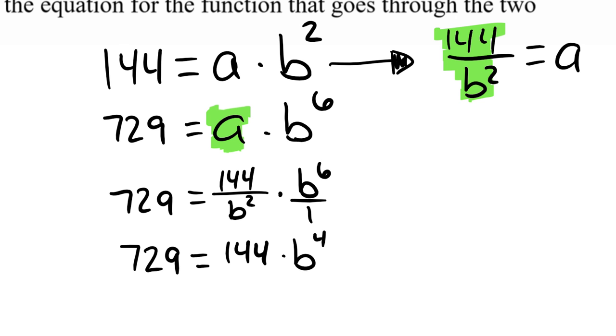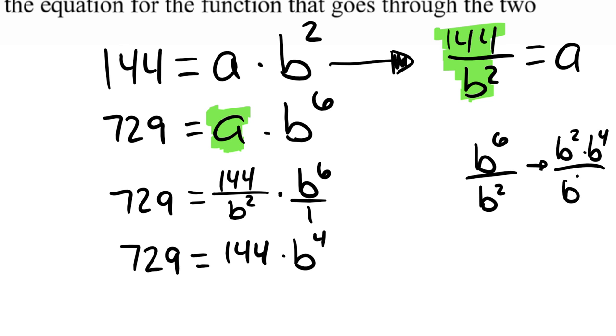If you'd like to see that in slow motion, I'm just looking at b to the sixth over b to the second power. I can rewrite b to the sixth as b squared times b to the fourth over b to the second power. So you can see there's this value of 1, b squared over b squared, and I'm left with b to the fourth.